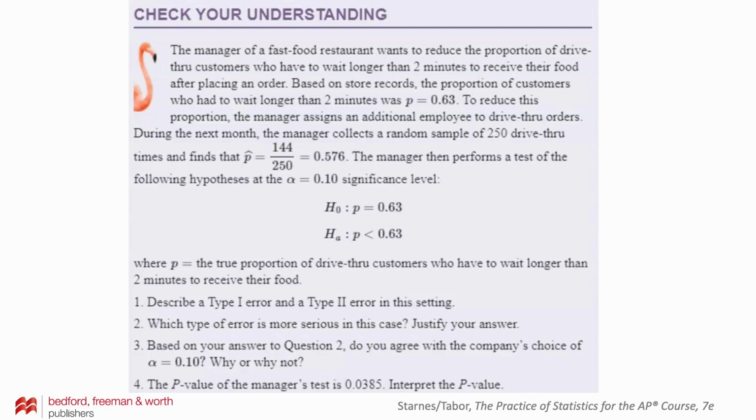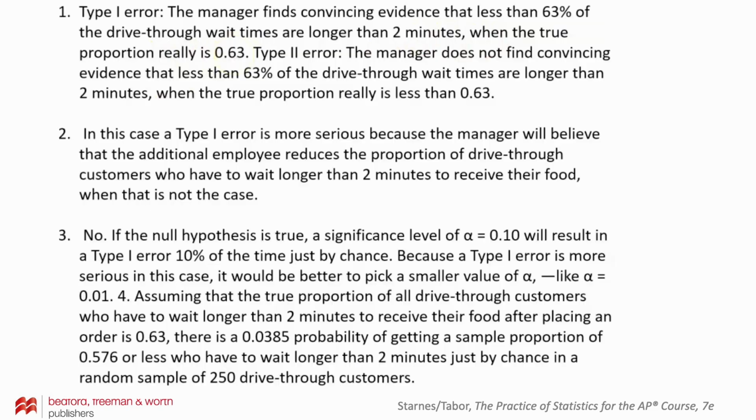So let's look at the first one: describe a type 1 and type 2 error in this setting. A type 1 error is that the manager finds convincing evidence that less than 63% of the drive-through wait times are longer than 2 minutes when the true proportion really is 0.63. Remember what a type 1 error is. A type 2 error is that the manager does not find convincing evidence that less than 63% of the drive-through wait times are longer than 2 minutes, when the true proportion really is less than 0.63.